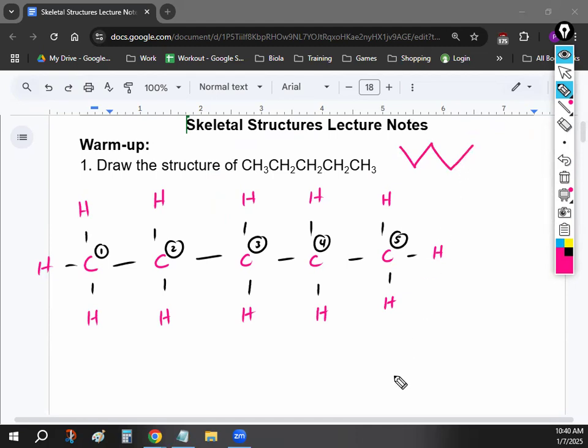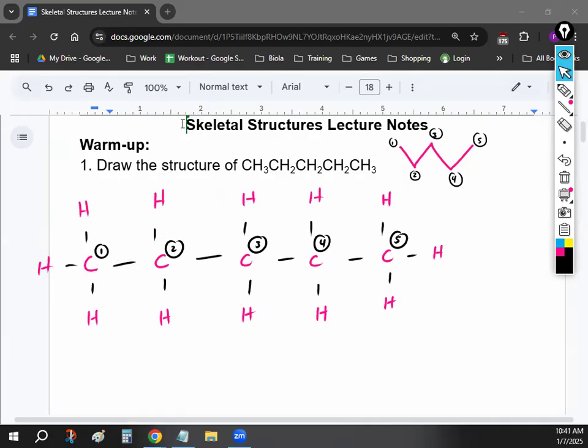That's a skeletal structure. If you want me to label them, I can. This is carbon 1, represented right here. This is carbon 2, carbon 3, carbon 4, carbon 5. So we're pretty much simplifying the way that we draw it. We're just taking all the carbons, turning them into corners, and we can ignore all of the hydrogens connected.